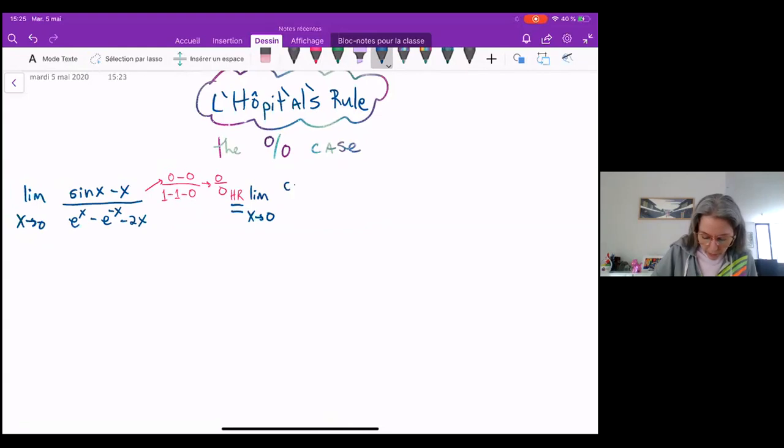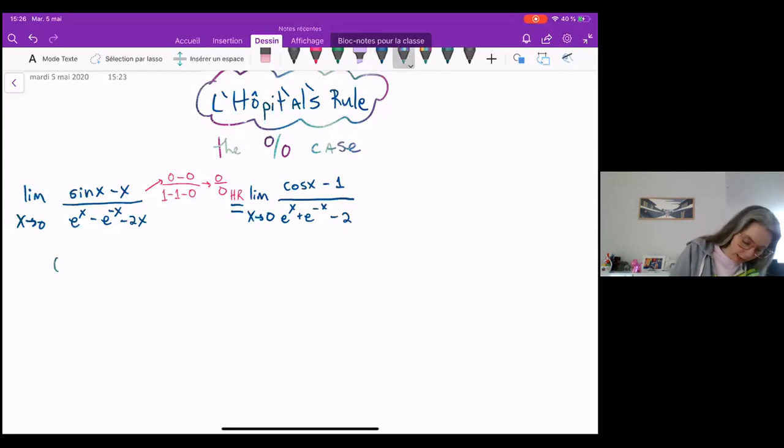So first, the derivative of sine x is cosine x, and the derivative of x is 1, divided by the derivative of e to the x, which is just e to the x. However, for the derivative of e to the negative x, we have a chain rule. So it's going to be plus e to the negative x and then minus 2.